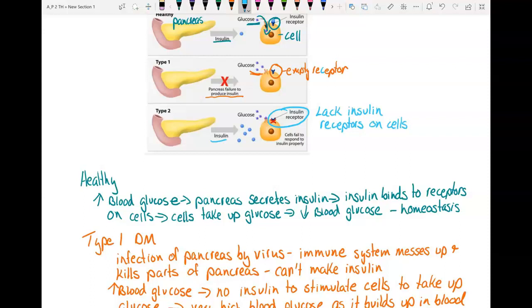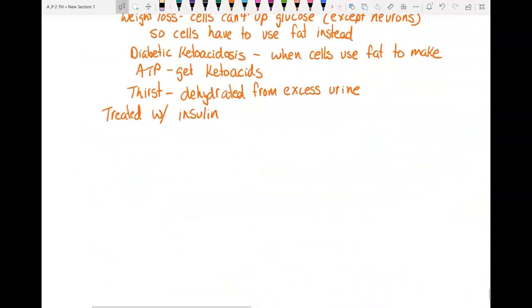So let's look at what happens here. This is a spiral. It's a positive feedback cycle.